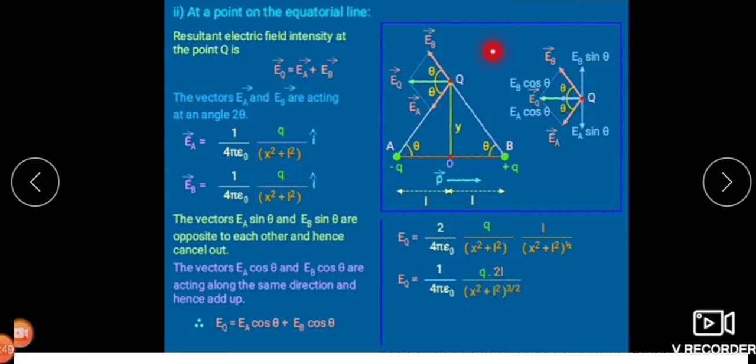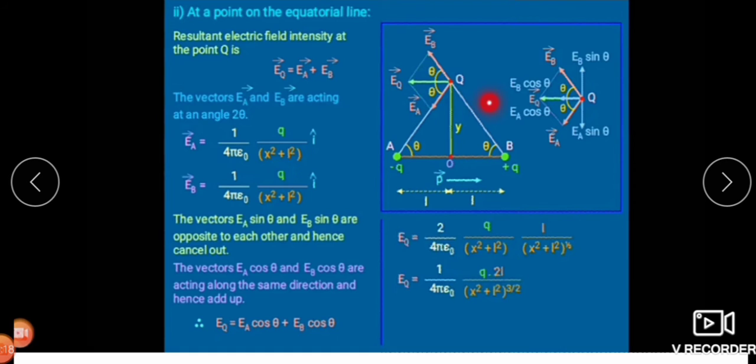It is the line perpendicular to the axis of the dipole and passing through the center of the dipole. Consider a point Q, and at Q we have to find the electric field intensity EQ. This is the formula we have to find: EQ is equal to 1 upon 4 pi epsilon 0 Q into twice L upon x square plus L square raised to 3 by 2.